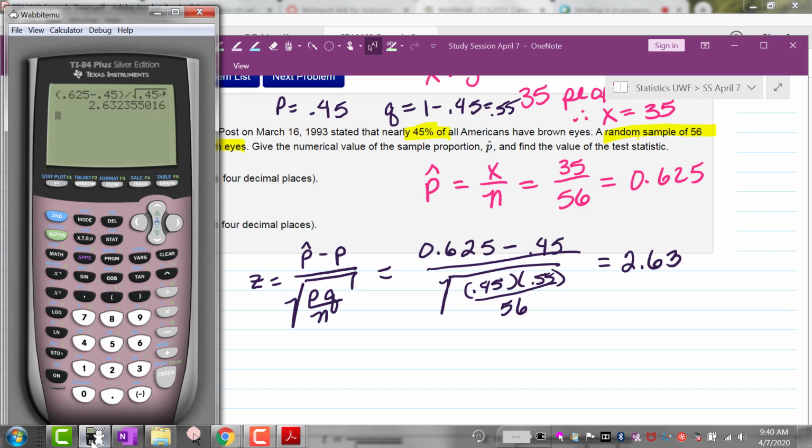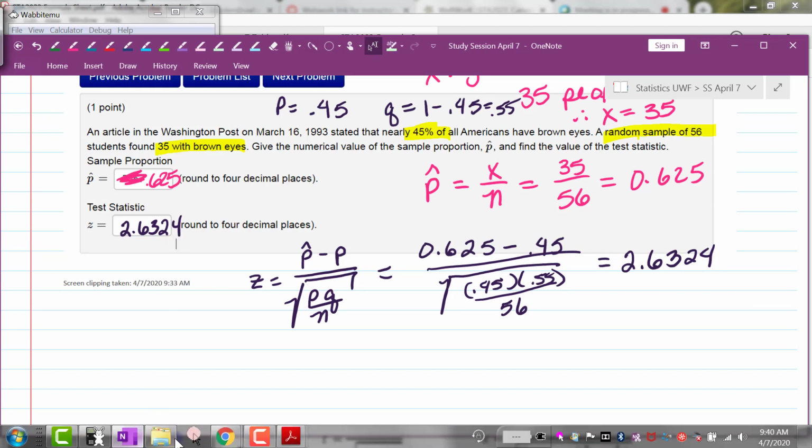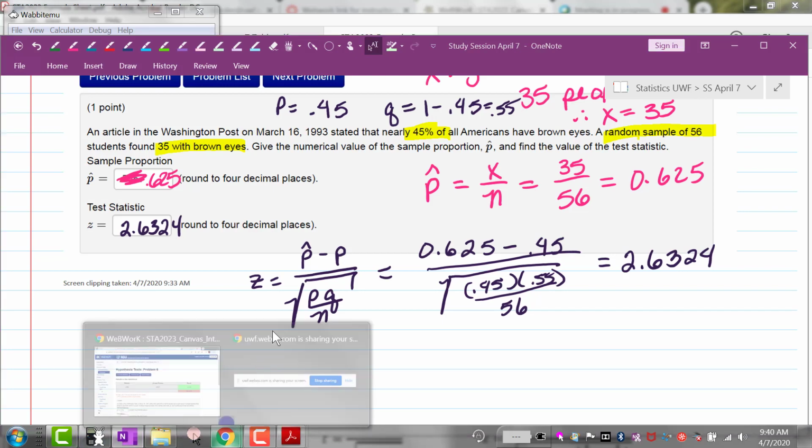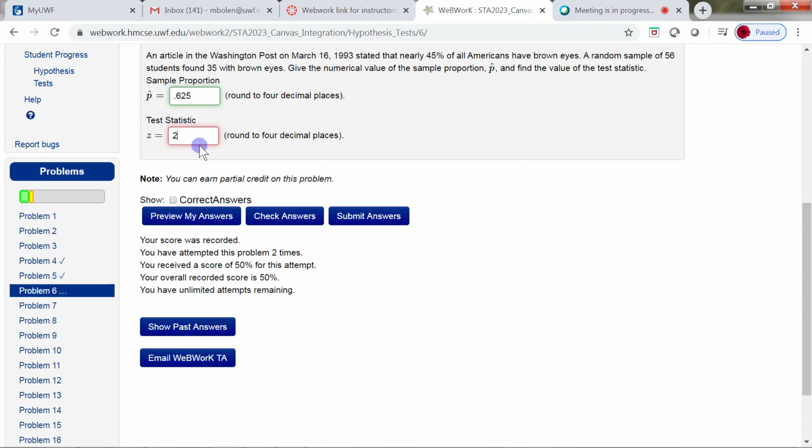So that would be a 4 after that. Had to round the 3 there to 4 because there was a 5. So let's put that in: 2.6324 and submit answers.